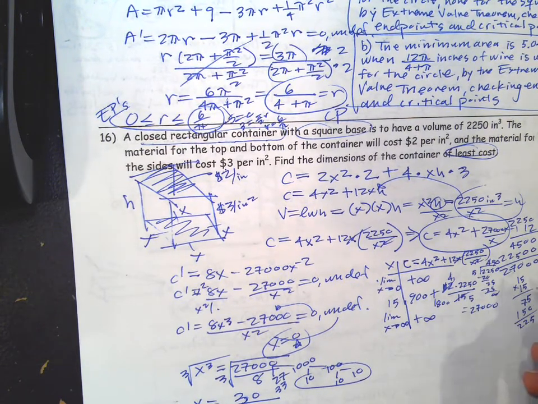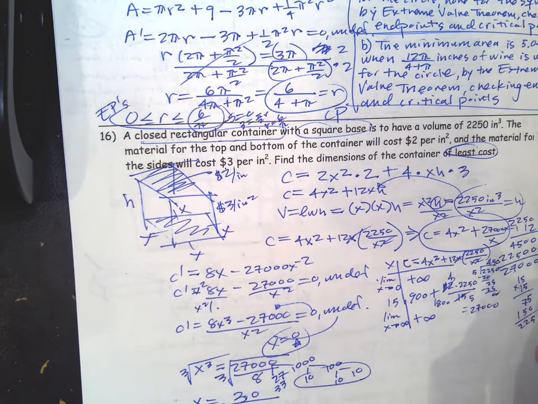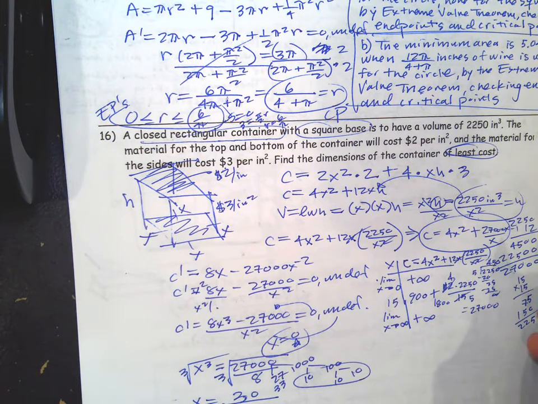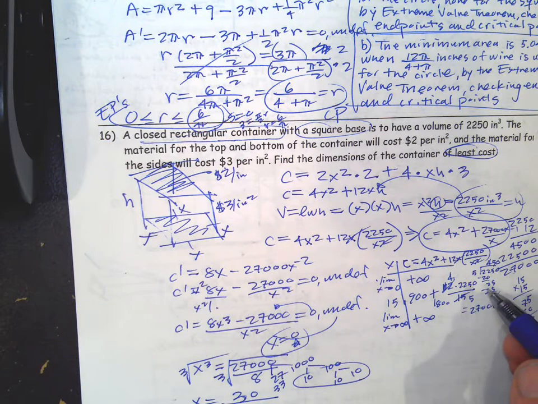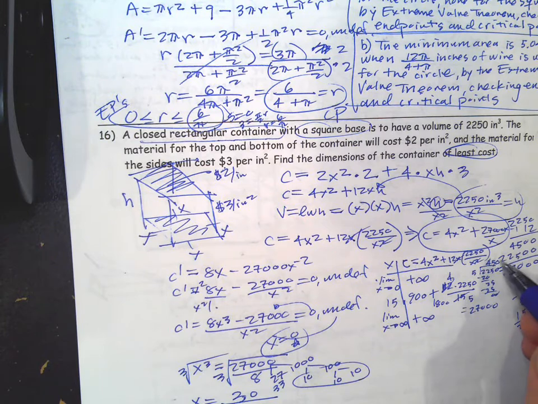Is that all right? No. I think it's 450, 900, 1800. It's 2,700.